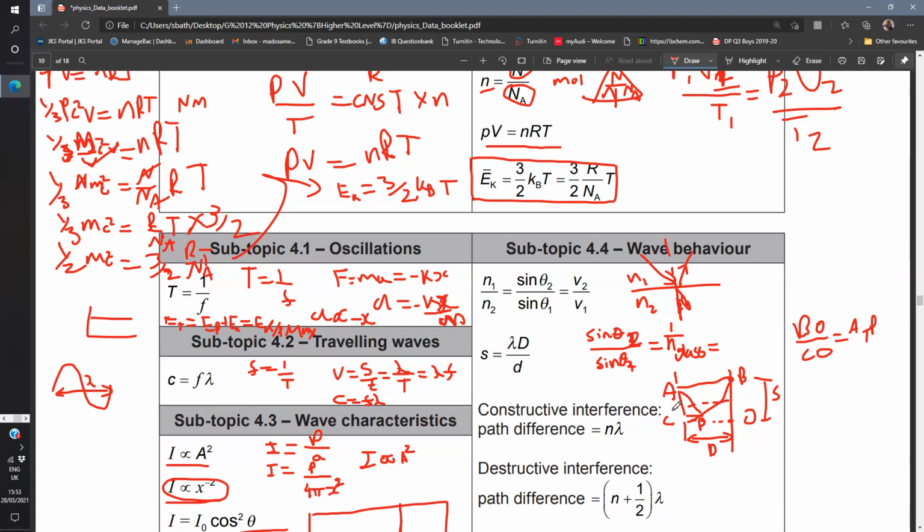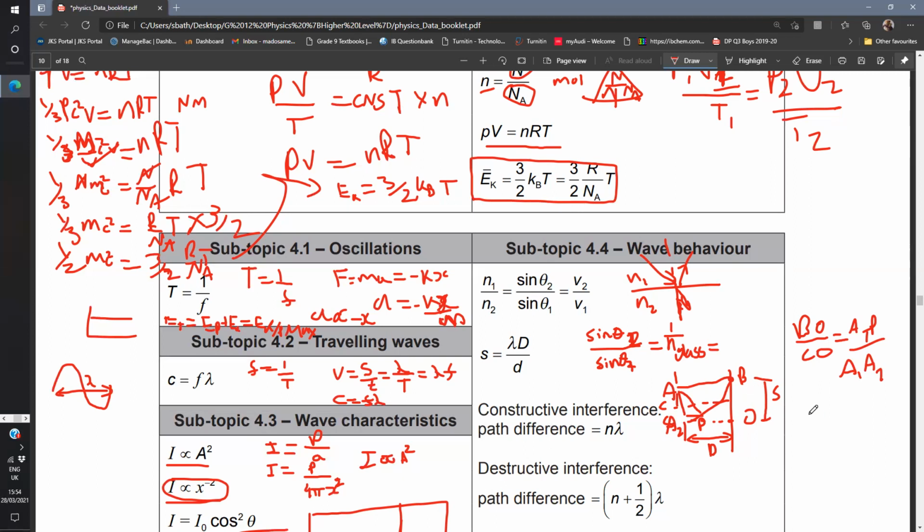So this is C. This is A2. This is A1, and A2 is the second slit, because basically it's the ratio between the 2 sides of the triangle. This is what we are talking about.